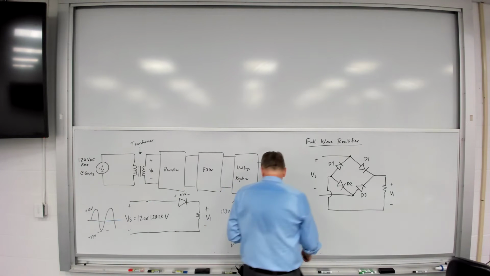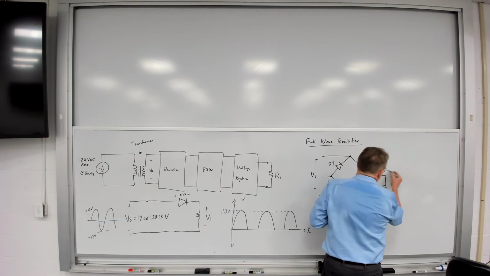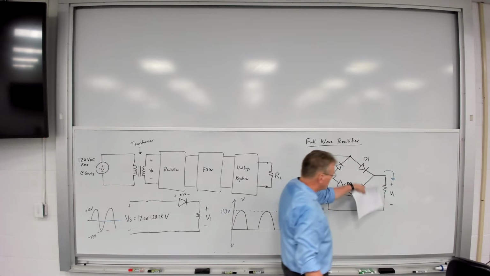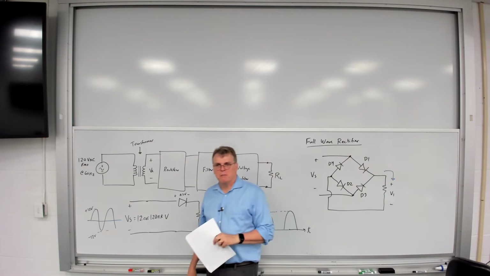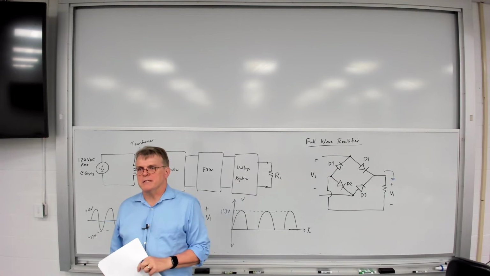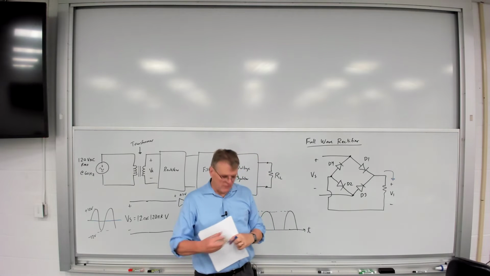If we can always ensure that the current is flowing this direction through the load resistor, then we're always going to have a positive voltage appearing across V1. It'll always be positive. So let's look and see how we do that by doing these extra 3 diodes.